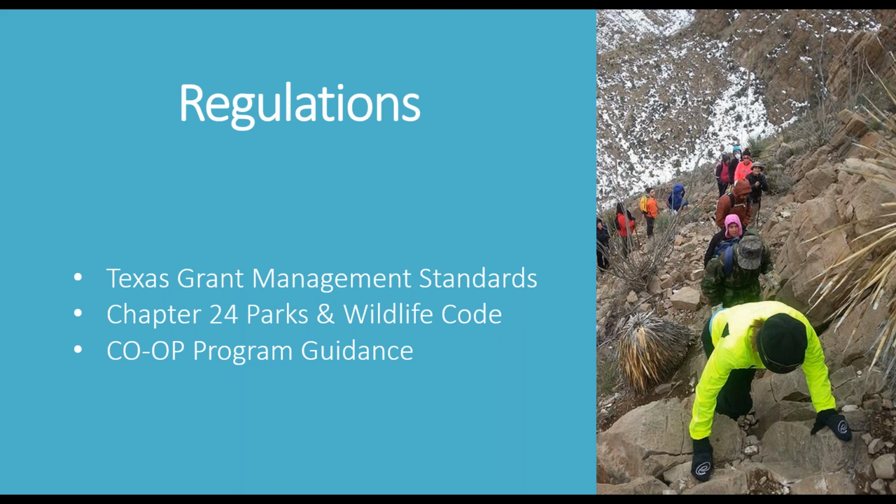So anytime you're out there purchasing camping, hunting, fishing gear, kayaks, a portion of those funds actually come back and support the co-op grant program, along with some of the other departments within Texas Parks and Wildlife. Because of this, we need to abide by some of the required government regulations when administering grant funds to the community. So there are some things that we have to abide by.